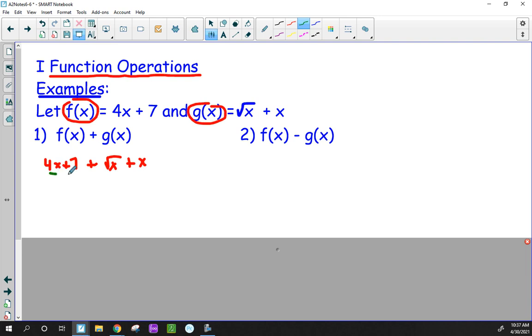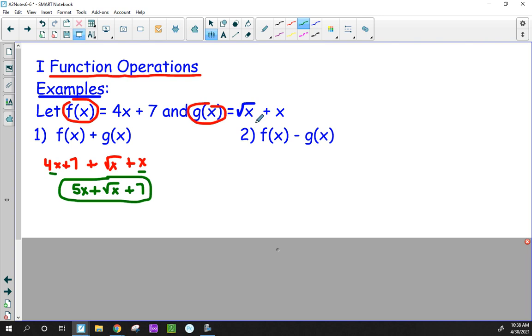We can see that the first and last term are like terms. 4x plus 1x gives me 5x. I'm then going to just drop down my square root of x, and then my plus 7. So my sum, my answer to the addition problem of f and g, is 5x plus the square root of x plus 7.